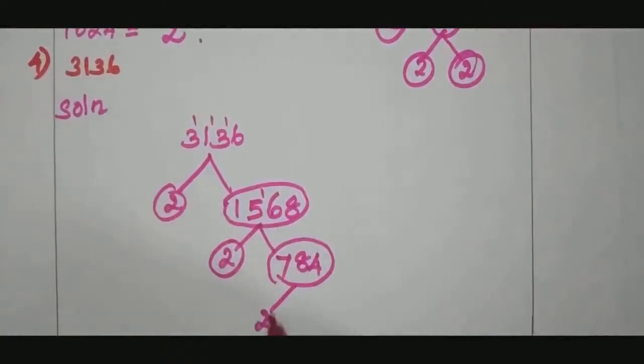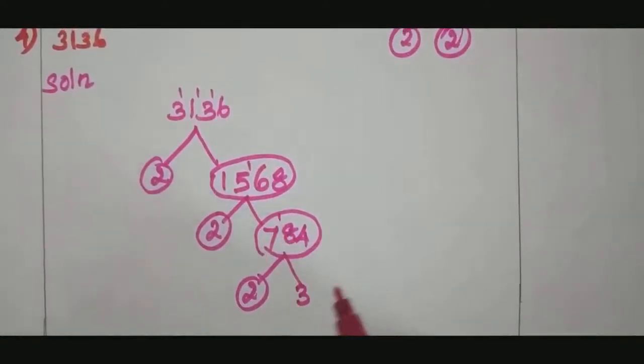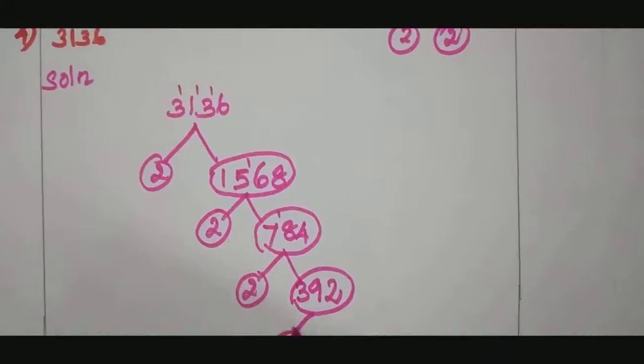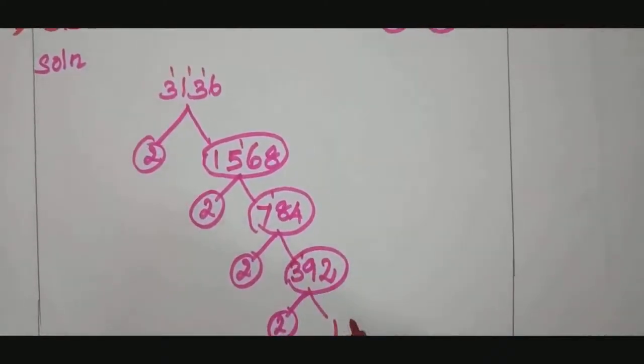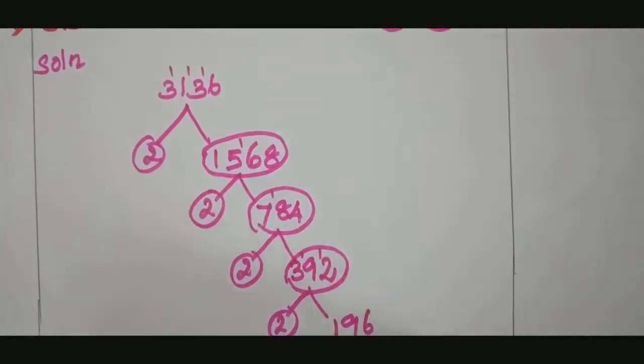Again do it with 2 tables. 3 2s are 6, remaining 1. 9 2s are 18, 2 2s are 4. 1 2 is 2, remaining 1. 9 2s are 18, remaining 1. 6 2s are 12.